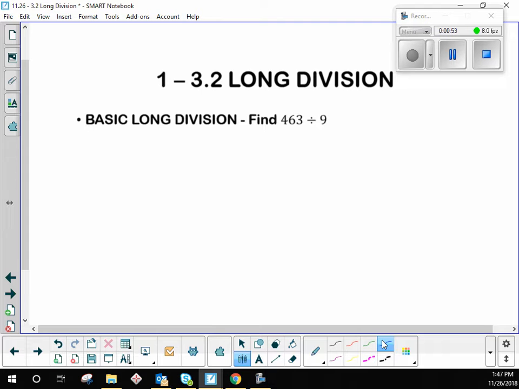In this problem right here, 463 divided by 9, this number that's written first, that is your dividend. And the number you're dividing by, I'd really like to call it the divider, but that's not the word, but it sounds like divider. It's called the divisor.